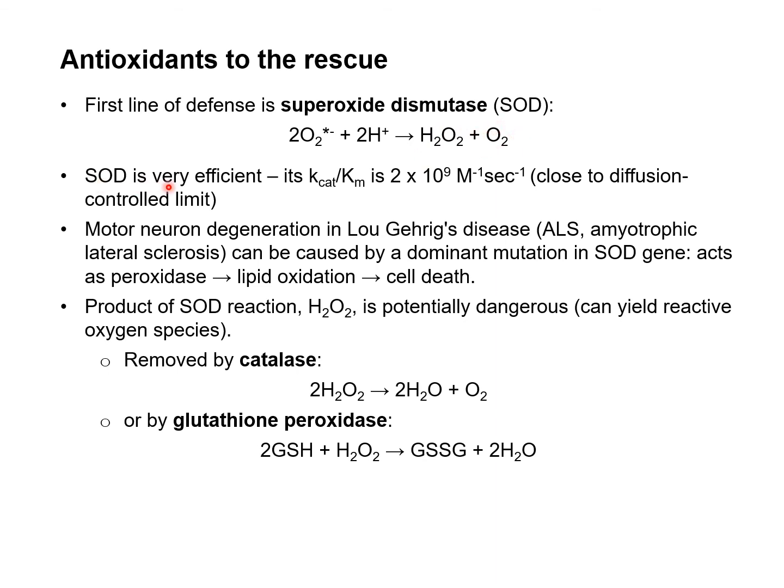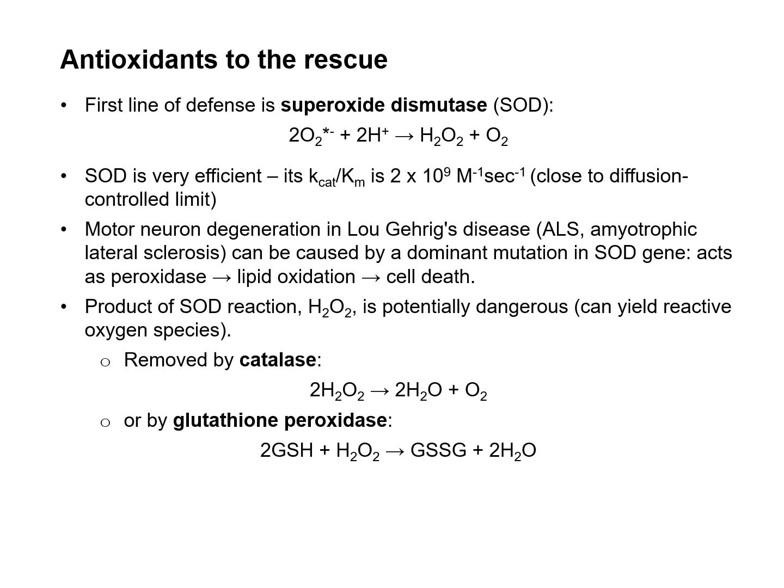SOD is very efficient because its kcat/Km ratio is 2 times 10 to the 9 per molar per second. So it's close to the diffusion-controlled limit, which means that as soon as SOD meets its substrate, the superoxide, it will immediately turn it into hydrogen peroxide.